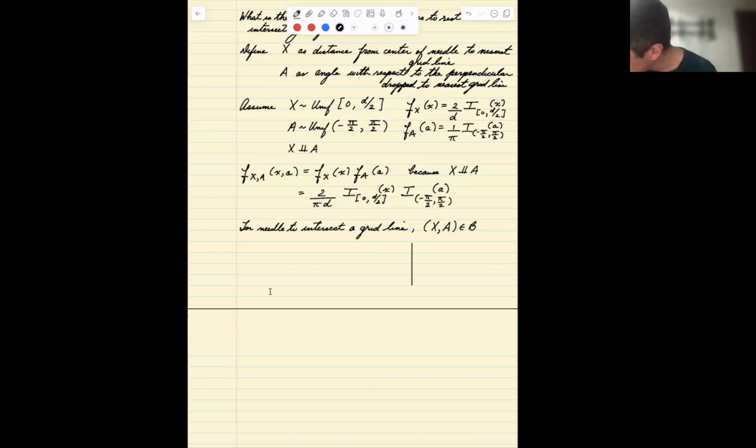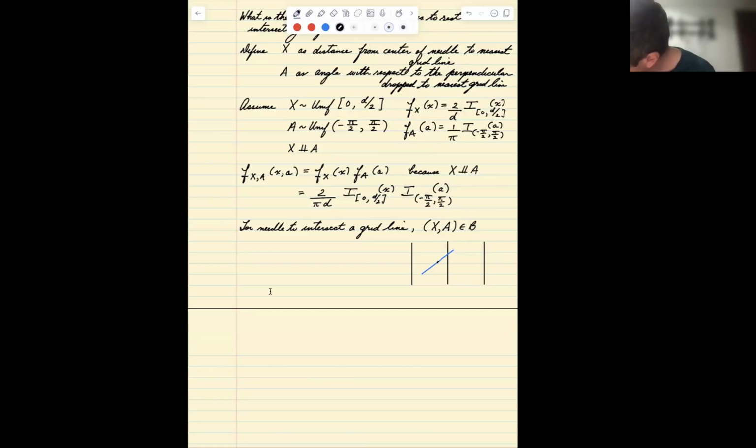We have grid lines. I'm going to draw it a little bigger so it's easier to see. We have the needle.